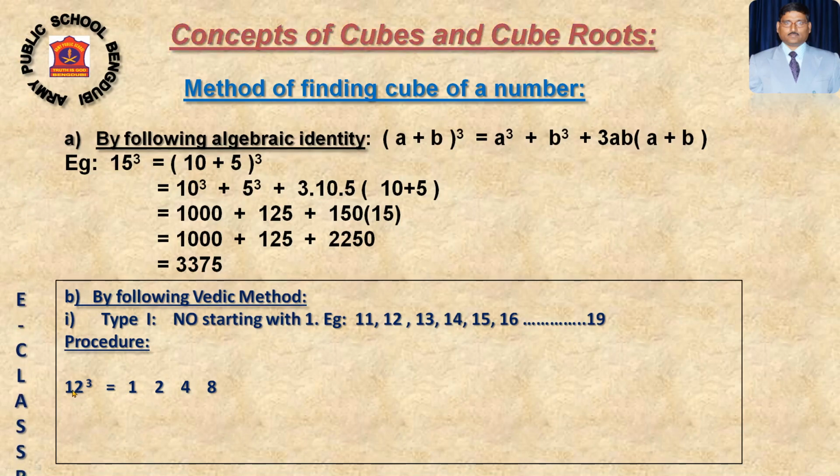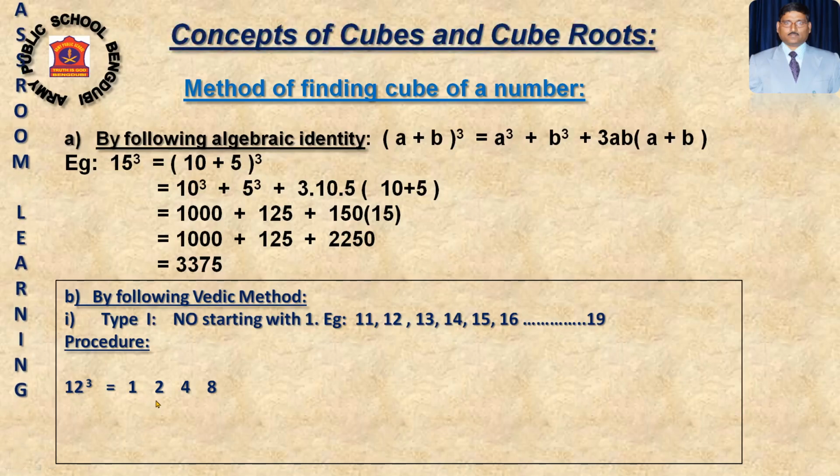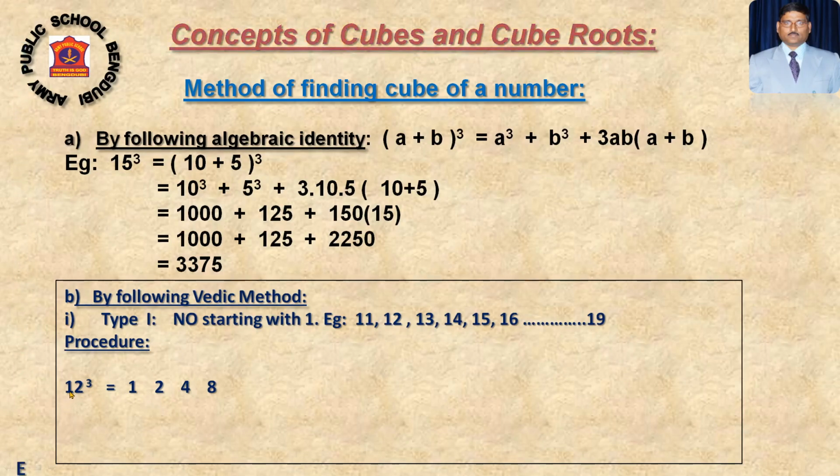That's why you first write the cube of the first number, then the cube of the second number. Now, what will the second and third parts be? First digit square into the second digit: 1 square is 1, into 2 is 2.